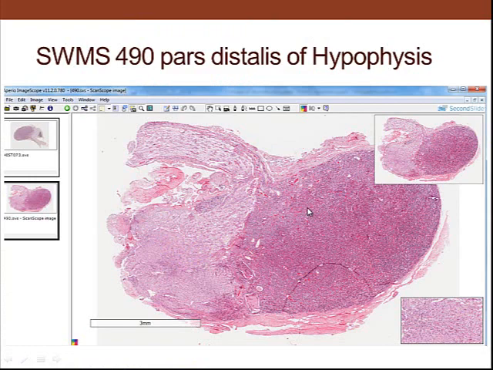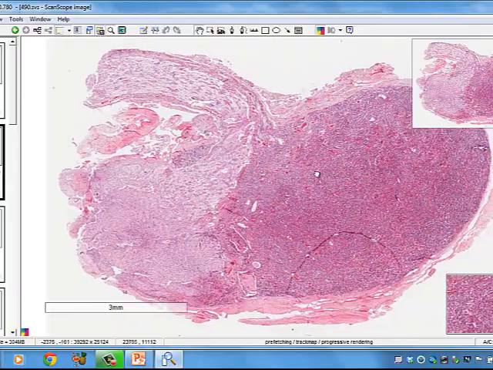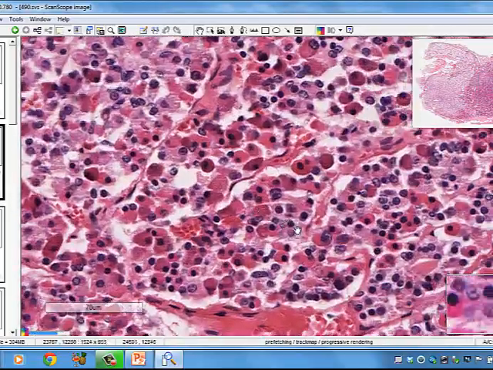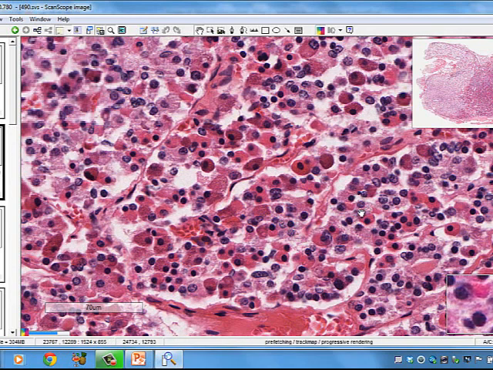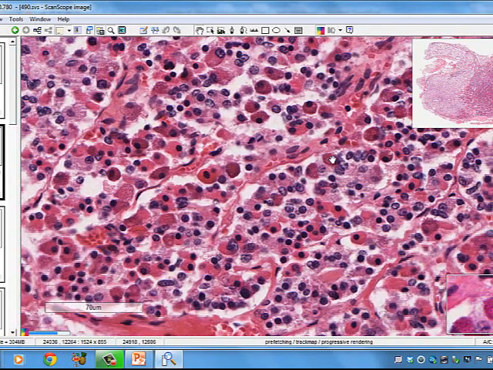So if we look at the pars distalis and the pars nervosa with this specimen, this is what we'll see. We look at the cells. We should be able to see that some have a basophilic cytoplasm and some have acidophilic cytoplasm, and some are chromophobes.